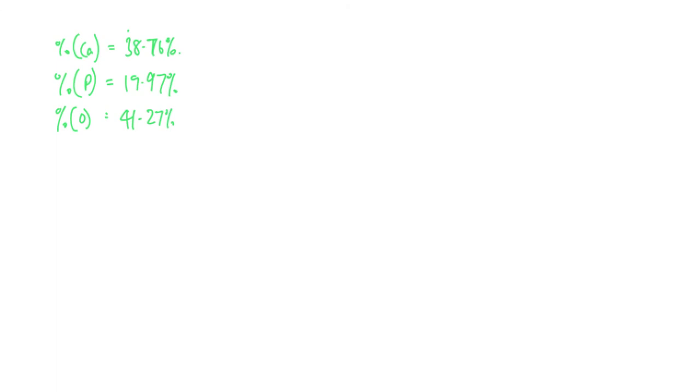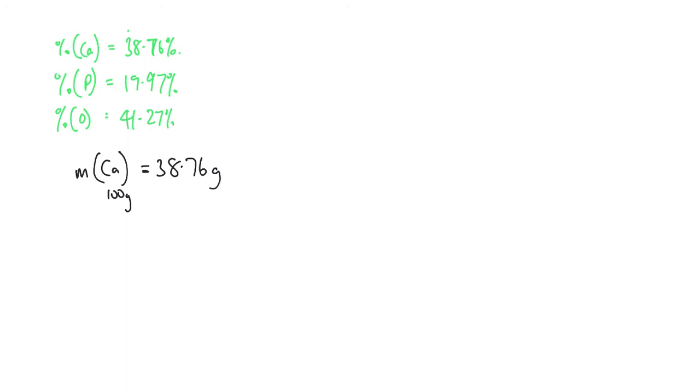All right. So first of all, I say the mass, and we're going to just start off with one element. We'll start off with calcium. The mass of calcium in 100 grams is equal to 38.76 grams.